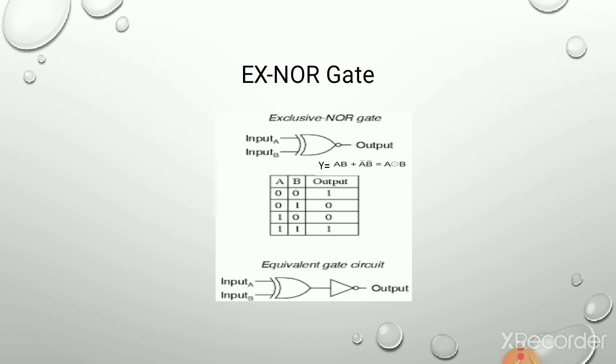The symbol for a two input XNOR gate is as shown in this figure, and its truth table is given in this figure, which shows that the output of an XNOR gate is high if both the inputs are identical, that is A is equal to B, and the output is low if the inputs are not identical, meaning A is not equal to B. The Boolean expression for an XNOR gate is given by Y is equal to A XNOR B, which is also equal to A into B plus A bar into B bar.